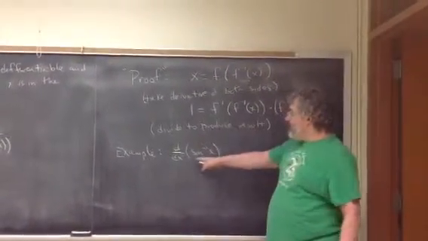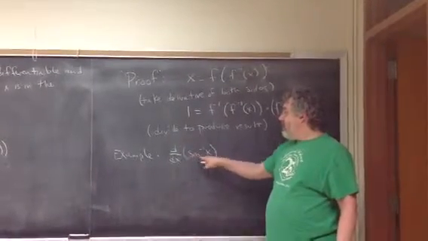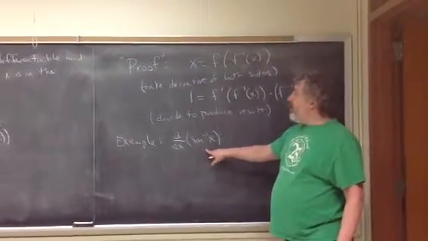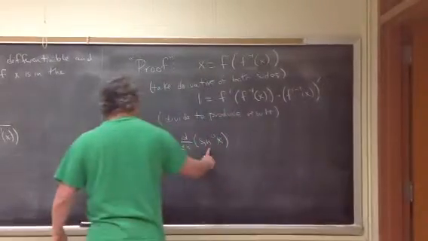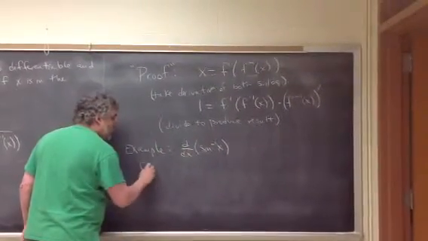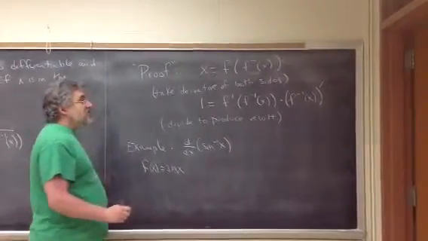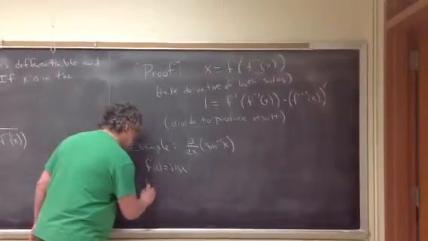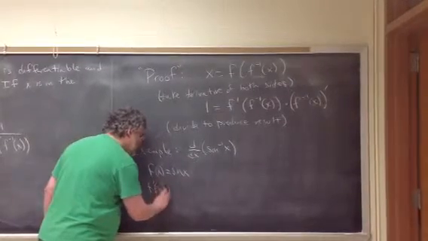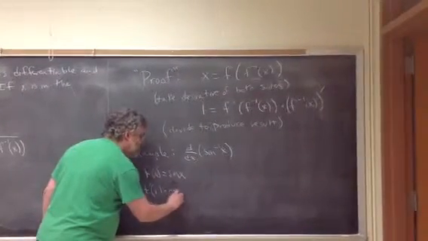So let's do an example of it. Finding the derivative of the inverse sine of x. Well, that's the inverse function, that's the f inverse. So our original function is the sine of x, and we're going to need its derivative. The derivative of the sine is the cosine.